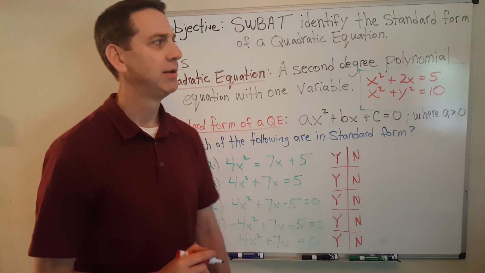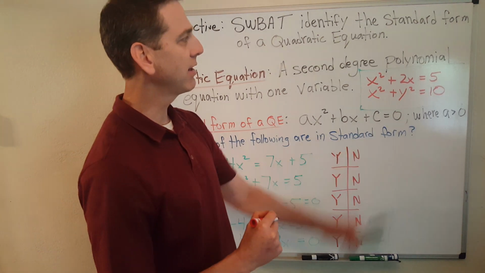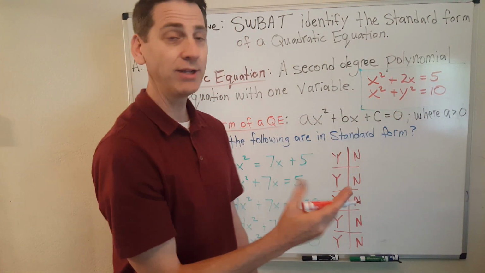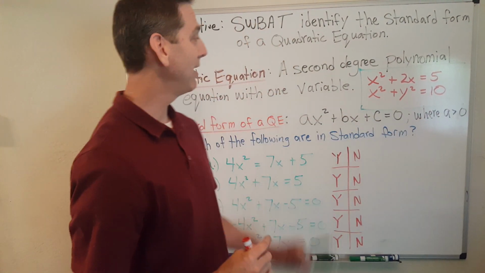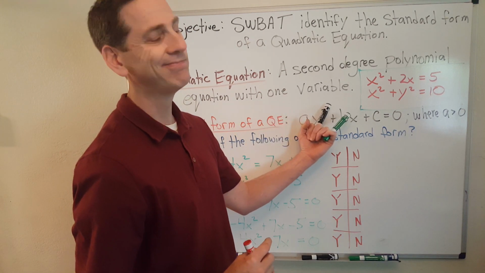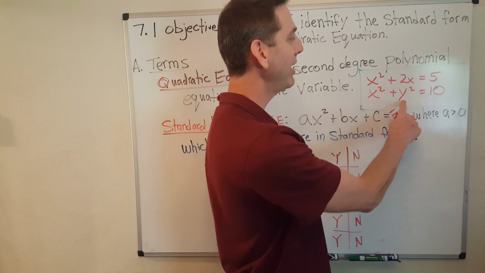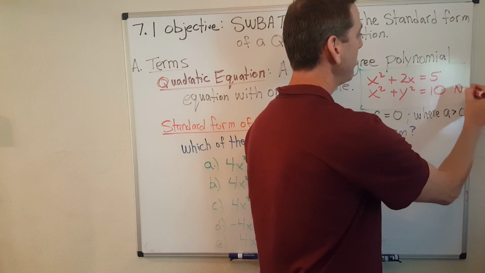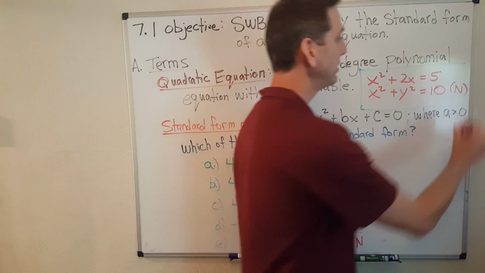Okay, here we go. So let's see. Is it a second degree equation? Yes. Is it an equation? Yes. Does it have one variable? No, it has 2 variables, an x and a y. So this would not be a quadratic equation.